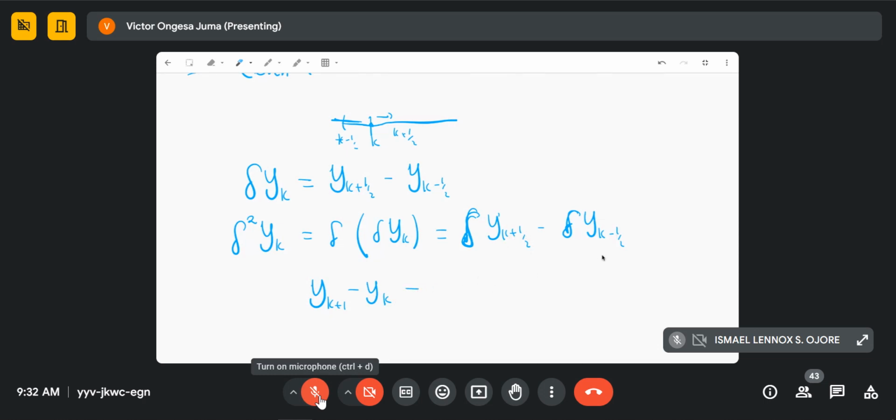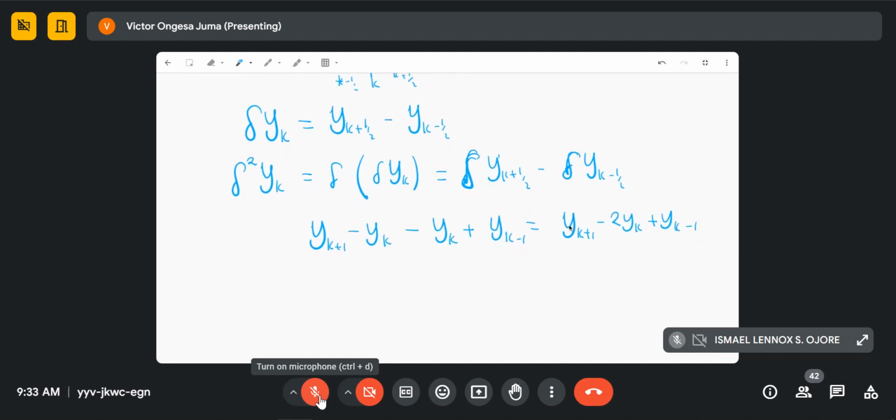And then subtract, this is yk, and then plus, I'm adding then yk minus 1. This gives us yk plus 1 minus 2yk, and then plus yk minus 1. But what is this value in terms of the forward differences and the backward difference?